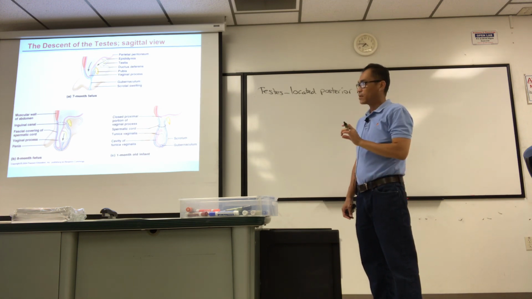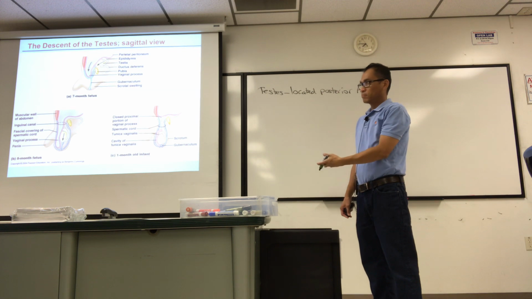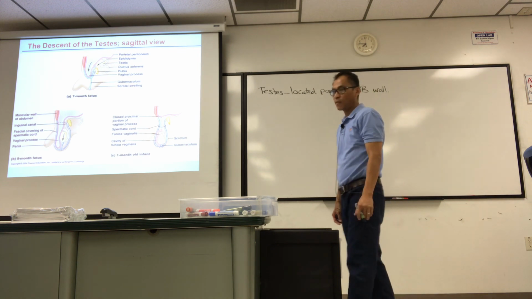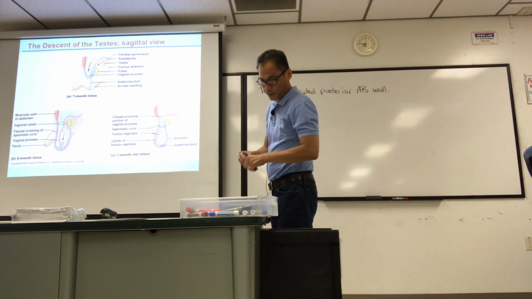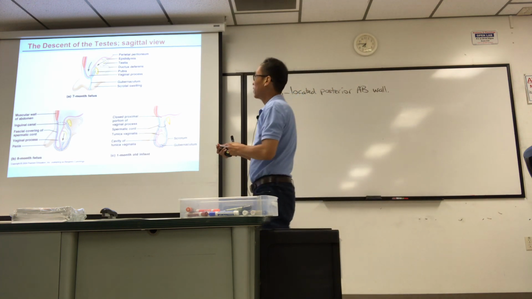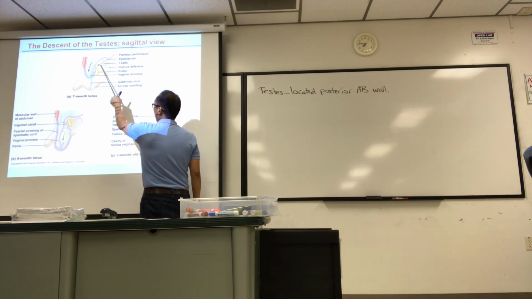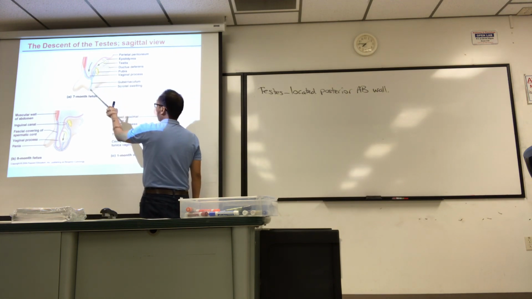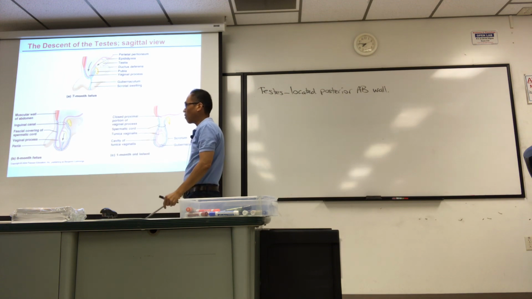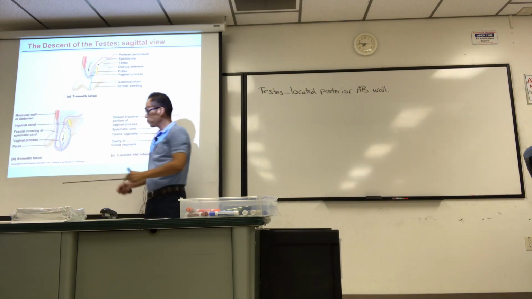Now their descent, they don't go down there by themselves. There's a structure that pulls it, and it's called the gubernaculum. It's a connective tissue structure. The gubernaculum will pull the gonad down through a space called the inguinal canal into the scrotum.